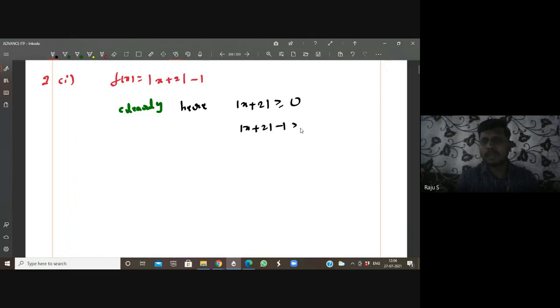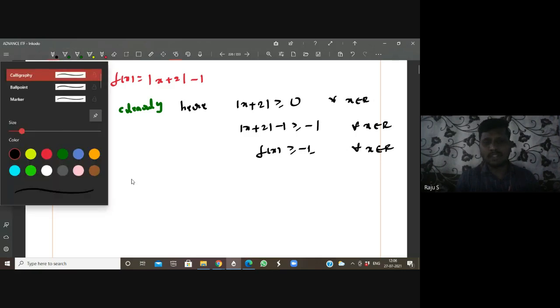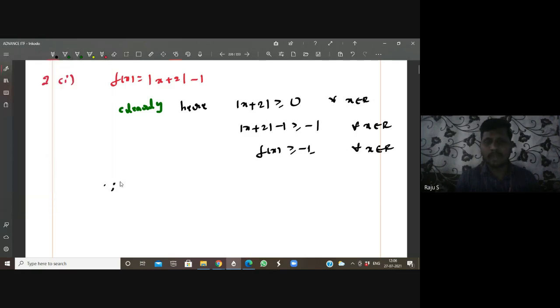Adding minus 1 on both sides, we get f of x is greater than or equal to minus 1. So for every x belongs to R, f of x is greater than or equal to minus 1, which means the function has a maximum or minimum?